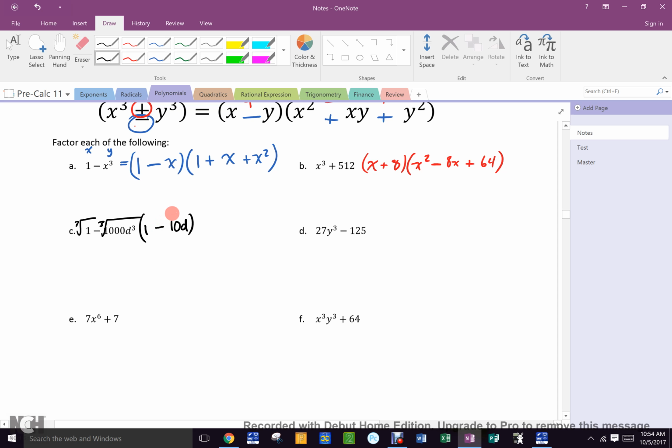Since it's negative, I'm following the blue line, yes? All right. So the first one is, this is my X, yes? And this is my Y. So the first one is that squared. What's that squared? 1 plus XY. What is X times Y? Plus 10D.